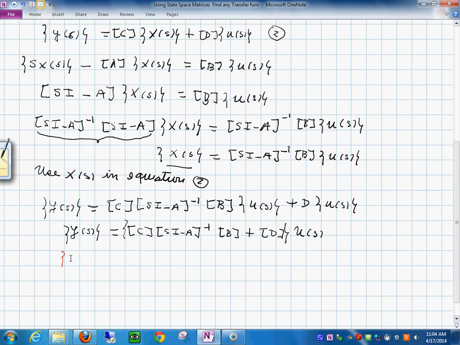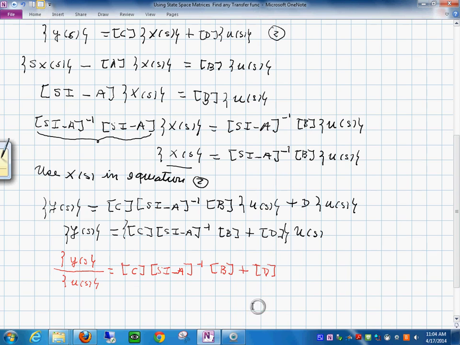The relationship Y of s over the input U of s is actually this product of matrices C multiplied by sI minus A inverse times B plus D. Excellent.